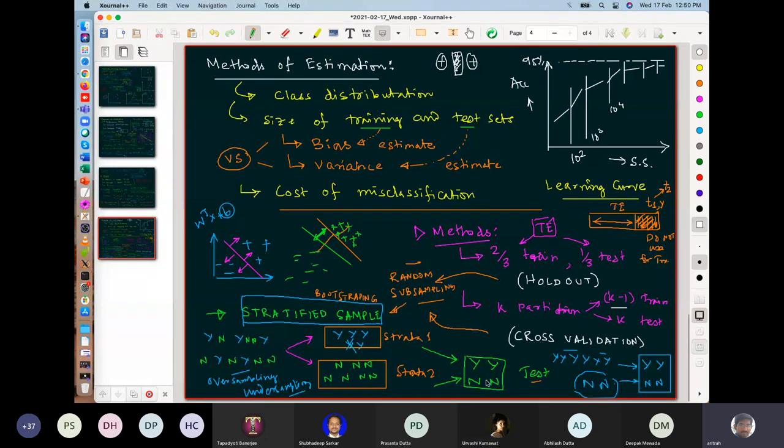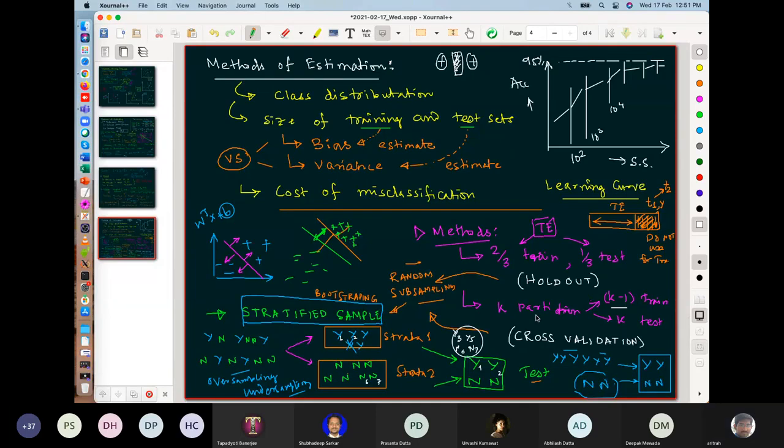Usually people do this stratified sampling multiple times, and they finalize the average accuracy. Suppose this y1, y2 you have taken here, and some other sample gives you y3 and y5 along with, let's say, n6 and n7. Take the accuracy from there.